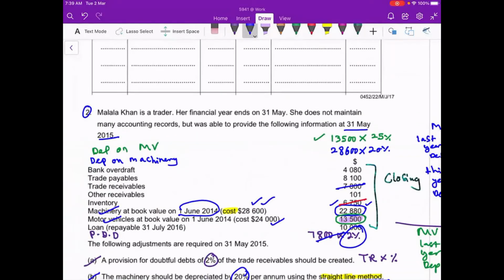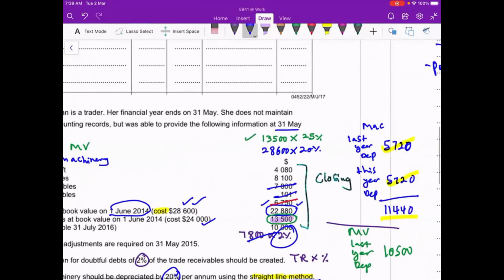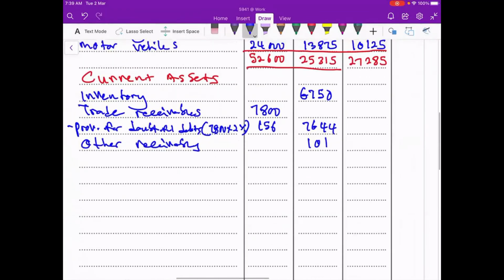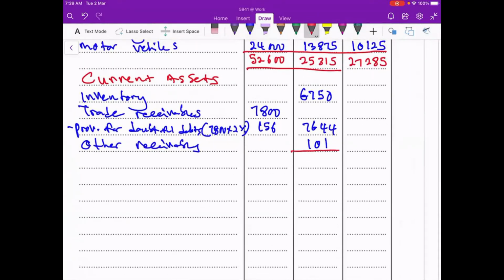After that, do you see any other current assets? Yes, I can see other receivable. Other receivable we also put under current assets. Other receivable is 101. So I think that's it, only three current assets. We will total up the current assets. Inventory 6750 plus 7644 and 101.